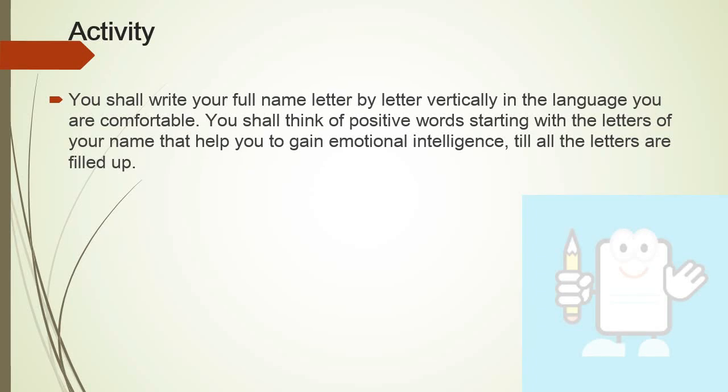Do this until all the letters are filled up with some word. You may write the letters one after one in a column, and then you can guess or write a word that helps you to gain emotional intelligence that is starting with that letter.